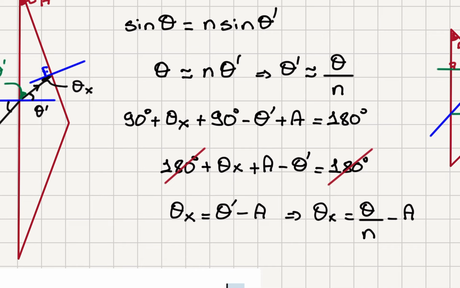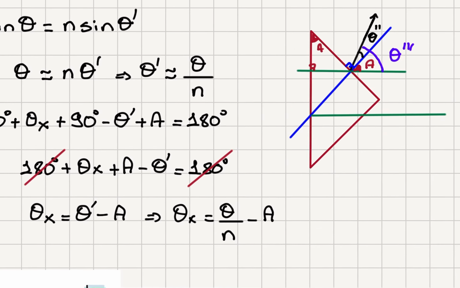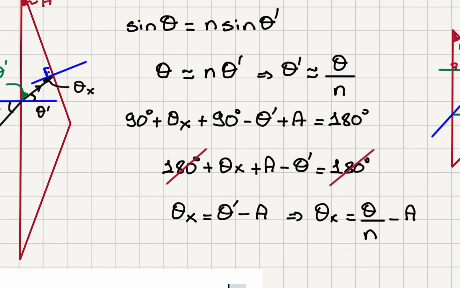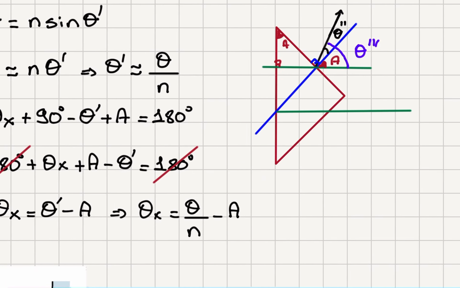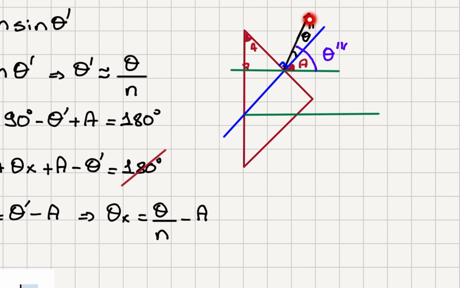Now if this ray hits this interface with an angle theta x with respect to the normal, it is going to refract as it goes into air again, making an angle theta double prime with respect to the normal of the surface.